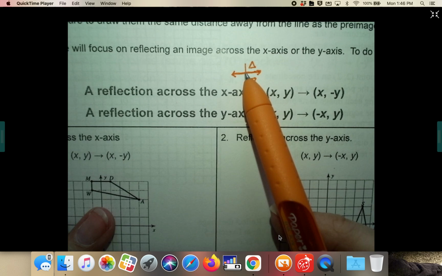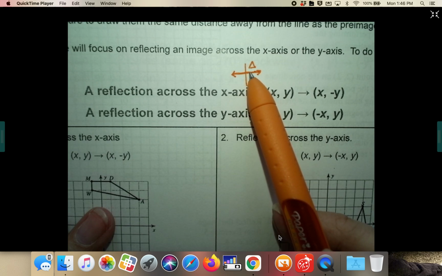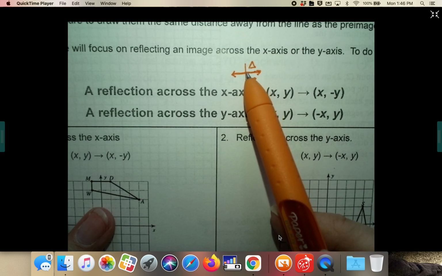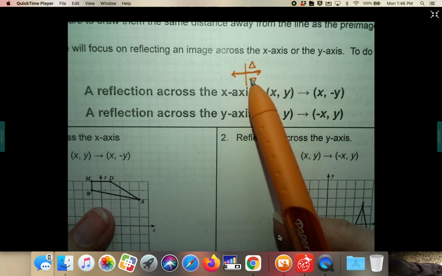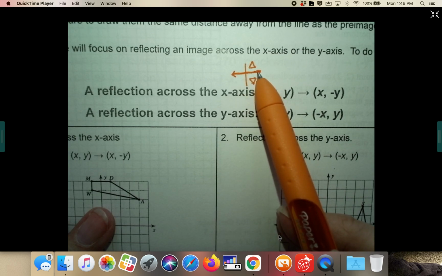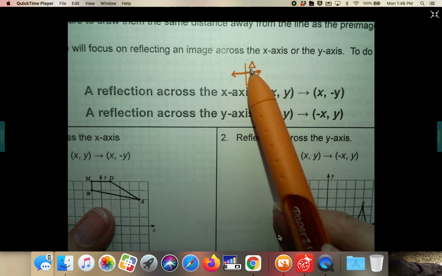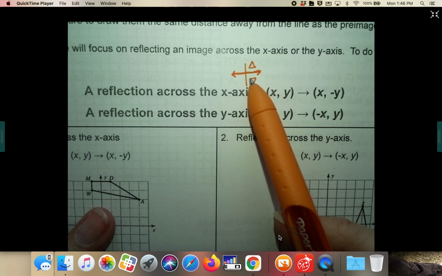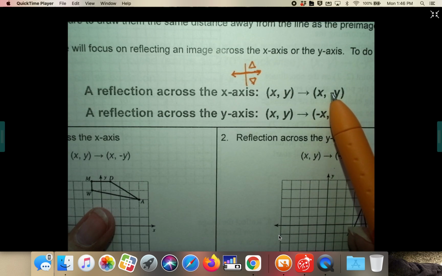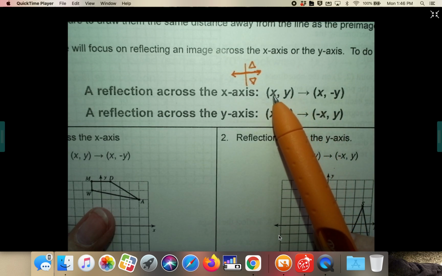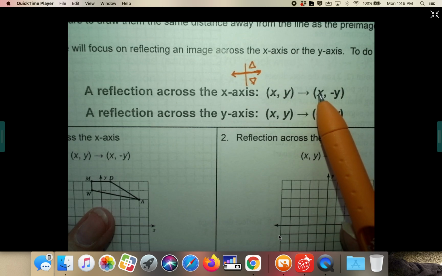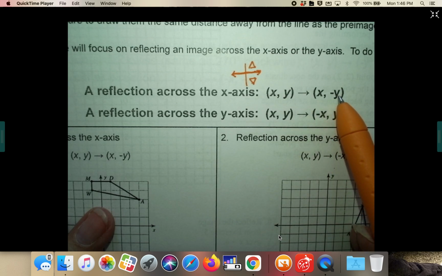And that makes sense because if you're going to the right 2 to go up here, you're also going to go to the right 2 to go down here. So the x doesn't change. It's the y that if it was going up before, it's going to go down now. So the y becomes opposite. So if this was 2, 2, it would be 2, negative 2.